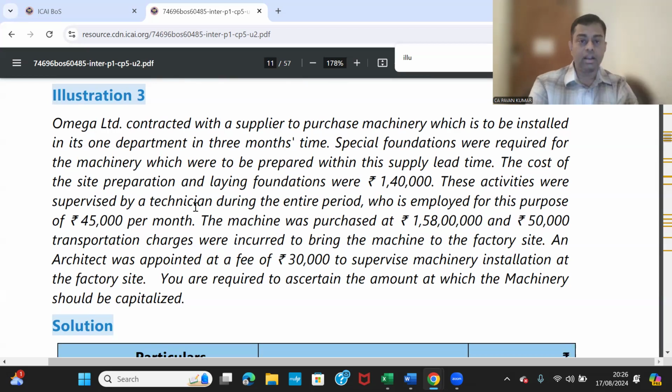So an engineer or a technician from one department where he earns 30,000 per month is deployed in this construction department, and the service rendering department, the engineering department, has billed based on the transfer cost policy of the company. They have billed 45,000 per month. So the construction department has paid 45,000 per month for 3 months to the engineering department.